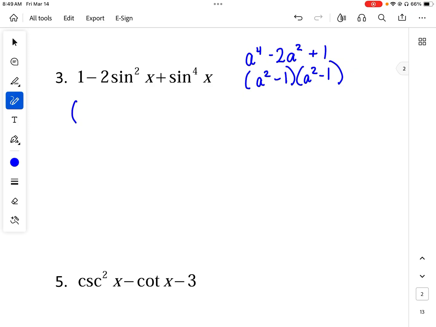So we would do, but let's switch them around. 1 minus sine squared, 1 minus sine squared.